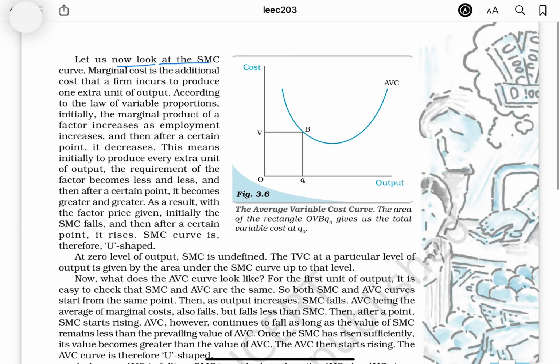Let us now look at the SMC curve. Marginal cost is the additional cost that a firm incurs to produce one extra unit of output. According to the law of variable proportions, initially the marginal product of a factor increases as employment increases, and then after a certain point, it decreases.